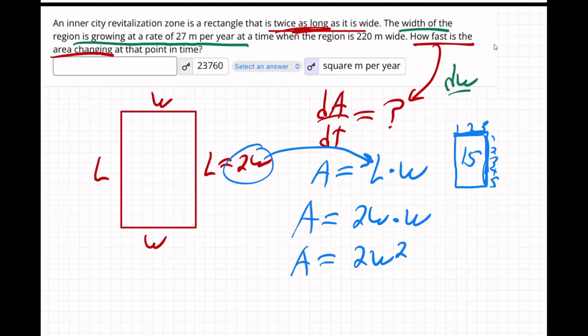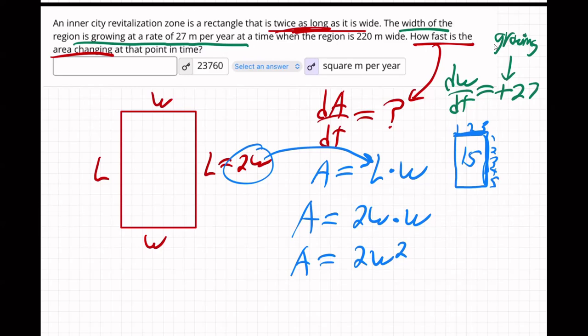So that means dW/dt is positive 27, because it's growing. If something's getting bigger, its change is positive. If it's shrinking, it'd be negative. Normally we think of negative as left or down, but when it comes to growing or shrinking, growing is positive, shrinking is negative. So the width is growing.